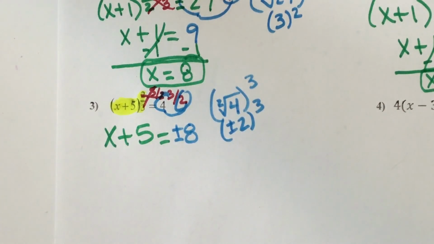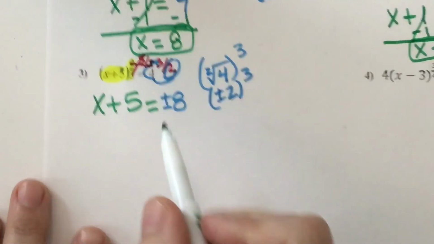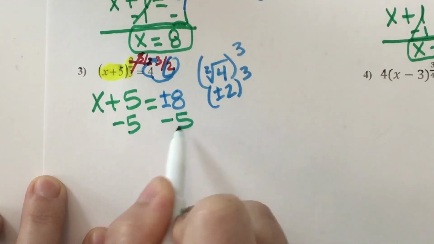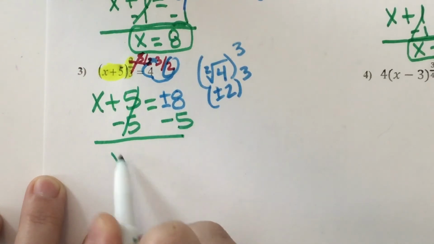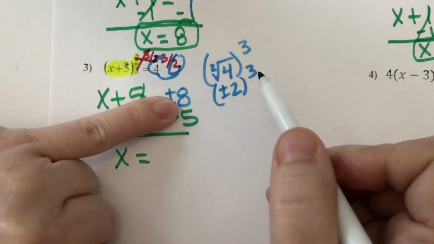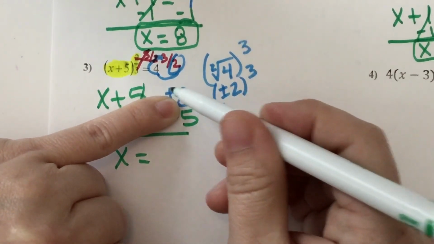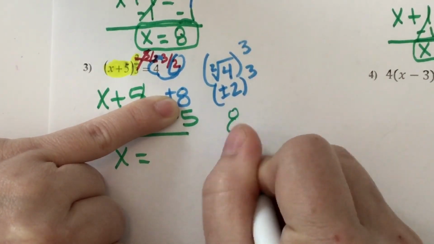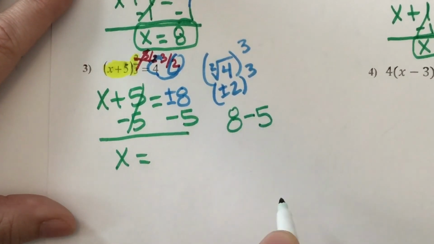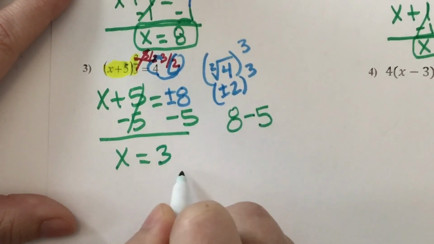And then to get x by itself, how do I get rid of addition of 5? I subtract 5. Okay, so now I'm going to have 2 answers here. So this is telling me first to take my positive 8 and subtract 5. So what's 8 minus 5? 3.